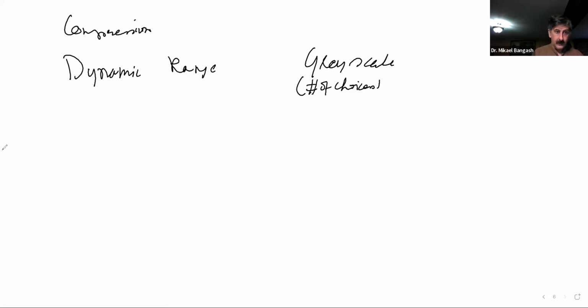By mean, you can say the greater the compression, the lesser the dynamic range. And the lesser the dynamic range, the smaller the grayscale, or number of choices of gray, or colors, if you want to put it that way.